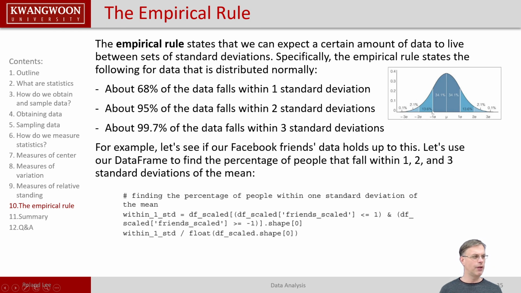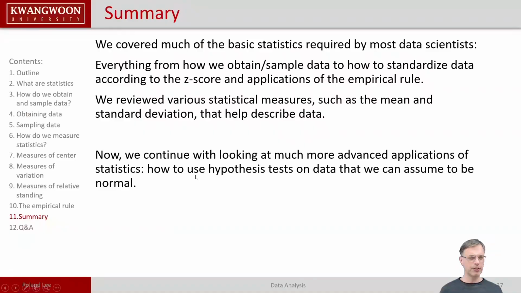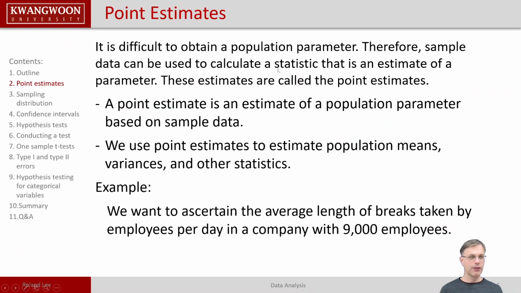So if you add them all together, and then 99.7% if you go 3 standard deviations, or 3 sigma. And we calculated this empirical rule, and we got to that point. So this was it, and now we can continue with point estimates.